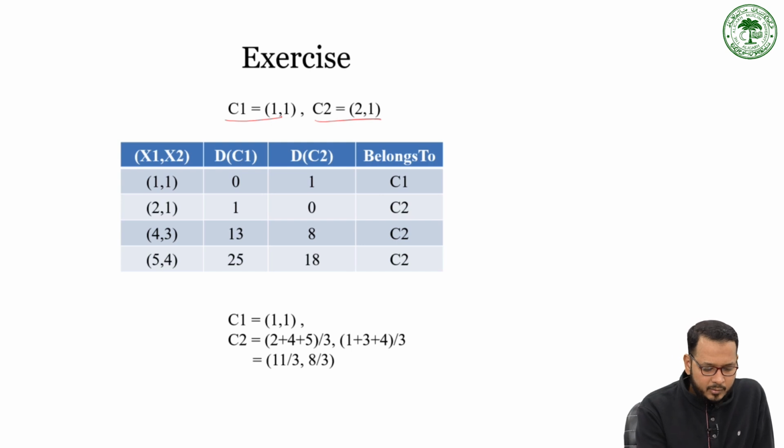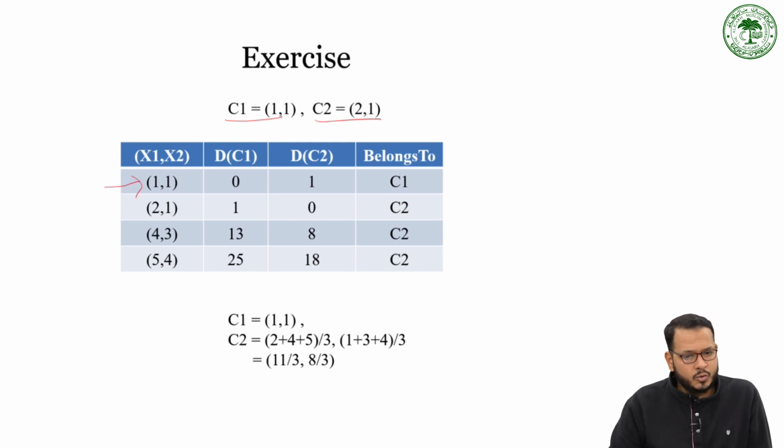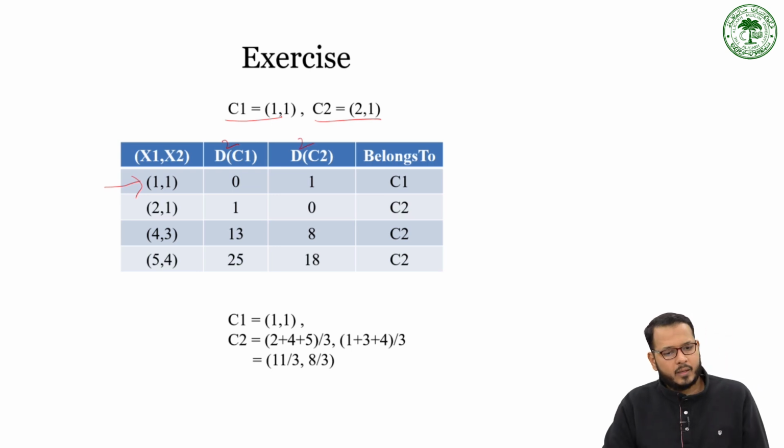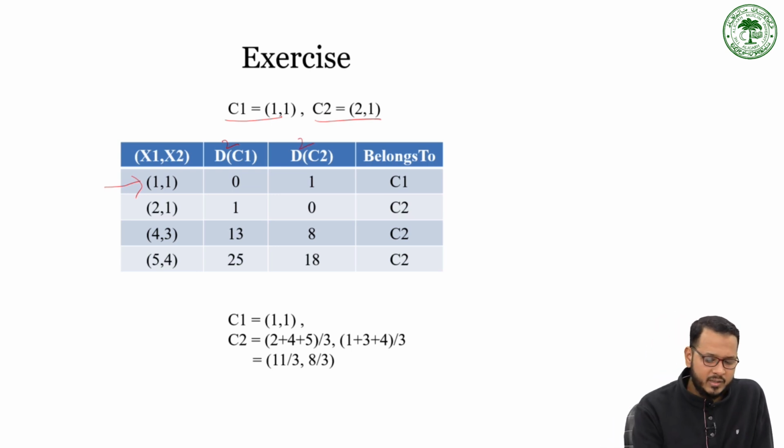We will check for the first point what the distance is, Euclidean distance in this case. We are in fact calculating the squared Euclidean distance, so we can also write d square here. But nonetheless, we are calculating the distance of 1, 1, this point, with both C1 and C2.